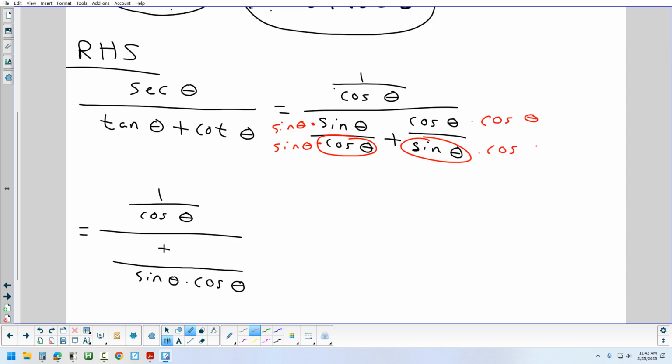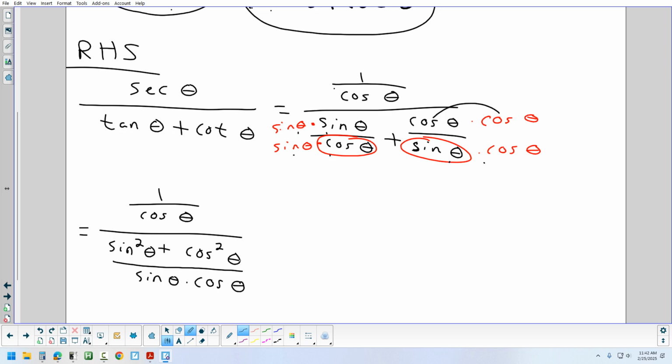Cosine over cosine. Okay. So sine times cosine in the bottom. What's sine times sine? Sine squared theta. And what about cosine times cosine? Cosine squared theta.